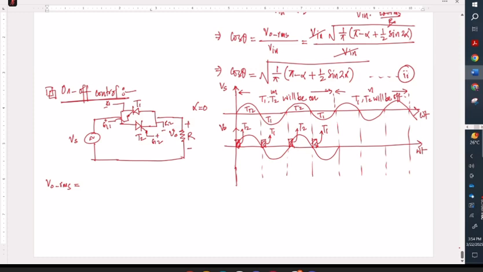What should be the RMS value of this waveform? So for this one, we need to calculate the total area, right? For which the thyristor is turned on and the thyristor is not turned on. So what should be the total length of time then?